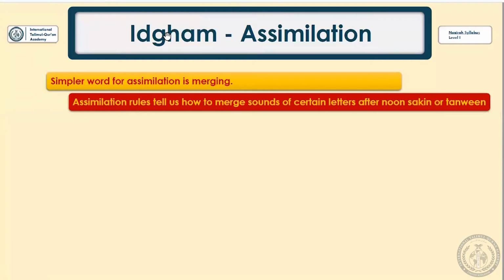The name of this rule is Idgham, as you are all aware. In English, we can call it assimilation, or a simpler word is merging, the merging of letters. The assimilation rules, the Idgham rules, tell us how to merge certain sounds, certain letters together when there is a Noon Sakin or Tanween.